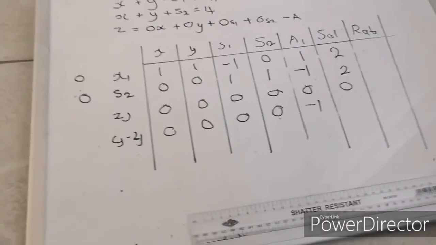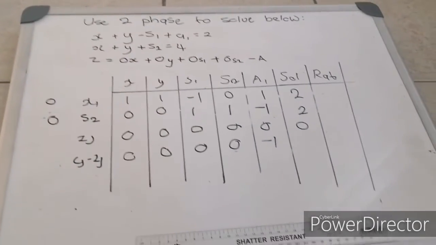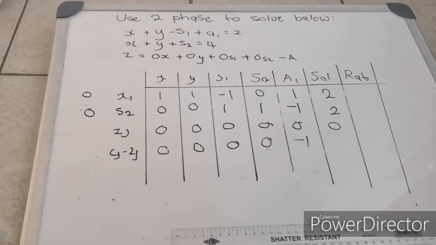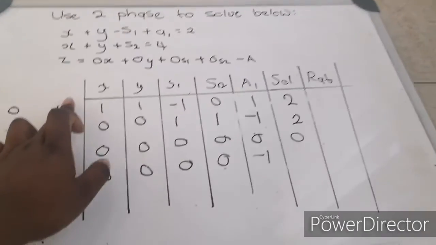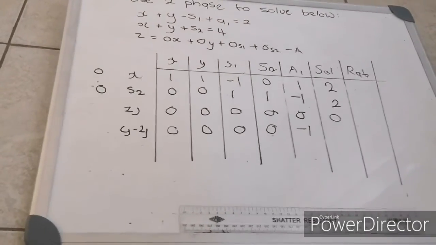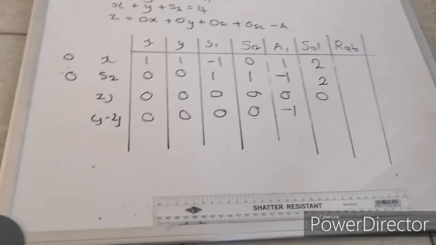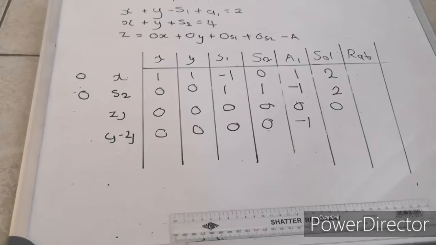Leaving variable means it's leaving the equation, or it's leaving the linear program. Now we replace it with x1. And now our pivot would be equal to what we've established from the ratio, which are those values.